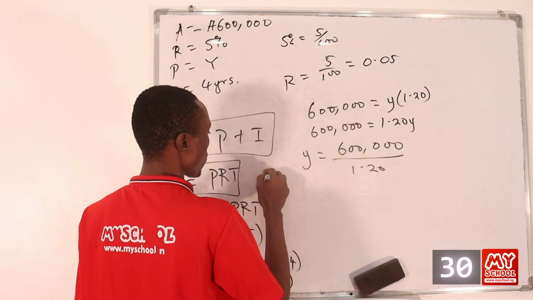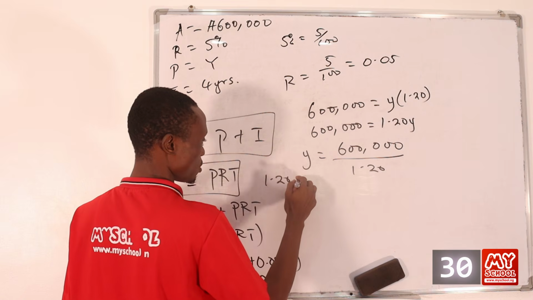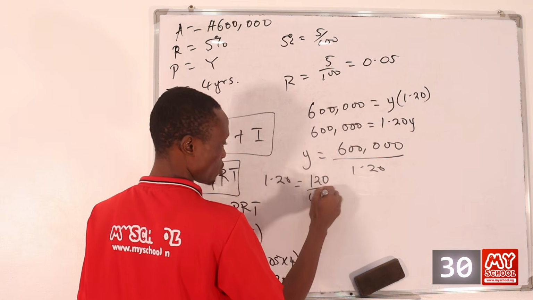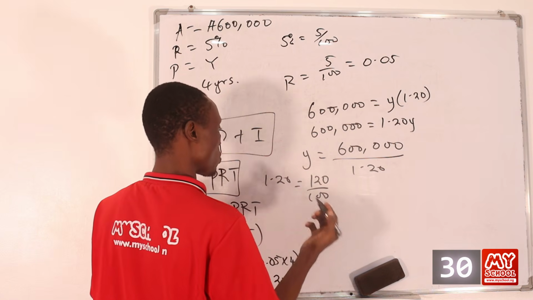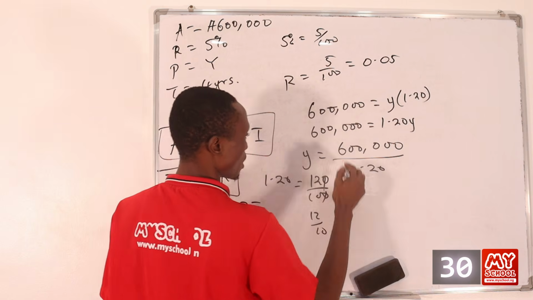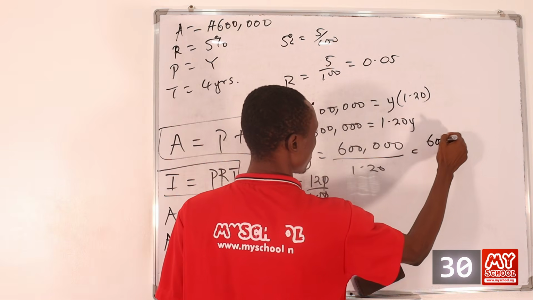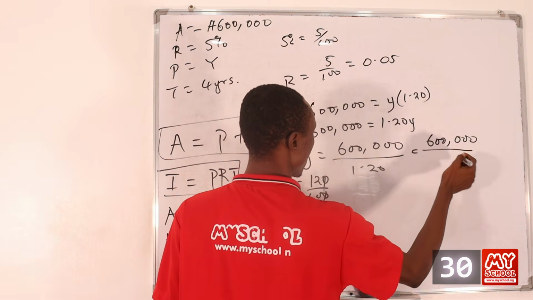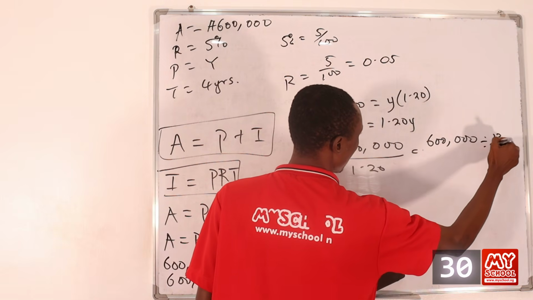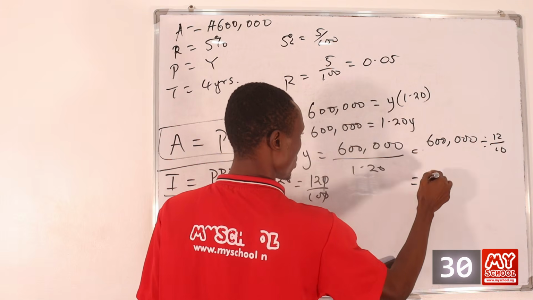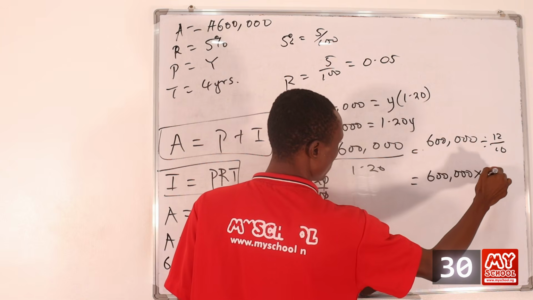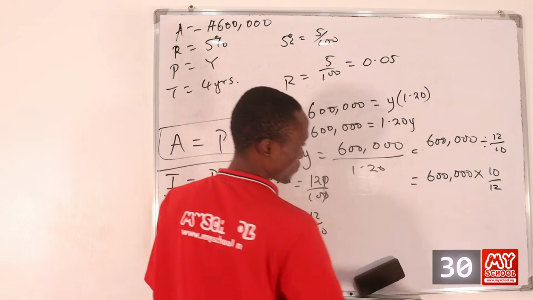But remember that 1.20 is equal to 120 over 100, right? Okay, so we can as well just say it's the same thing as 12 over 10. So here, we'll now have 600,000 divided by 12 over 10. So this becomes 600,000 times 10 over 12, okay?